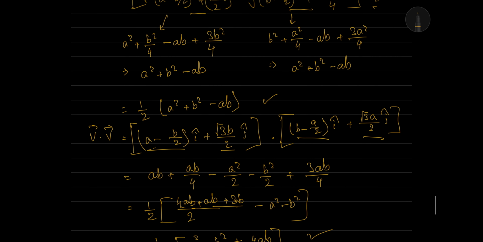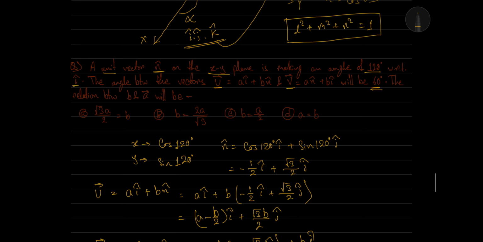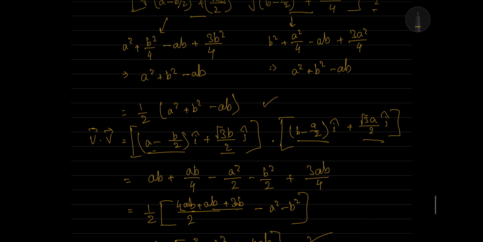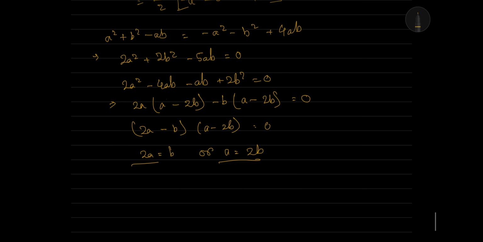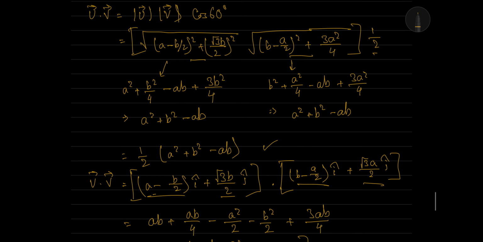So from this we can say b equal to a by 2, right? So b equal to a by 2 is the right option.